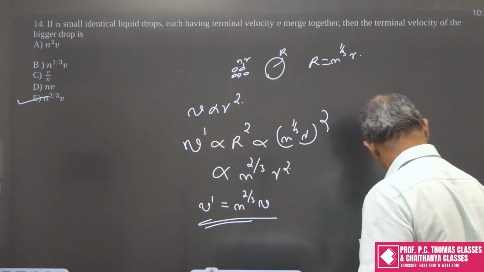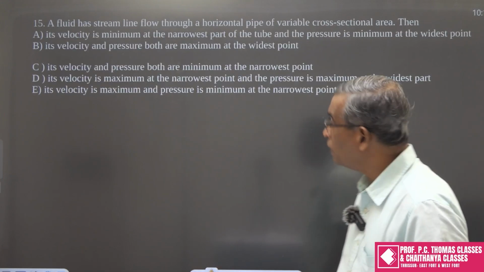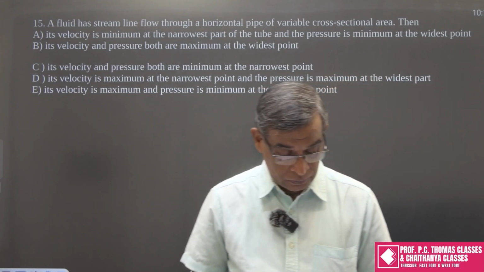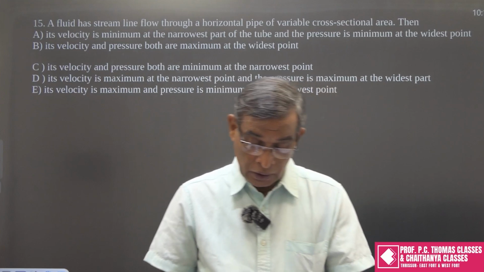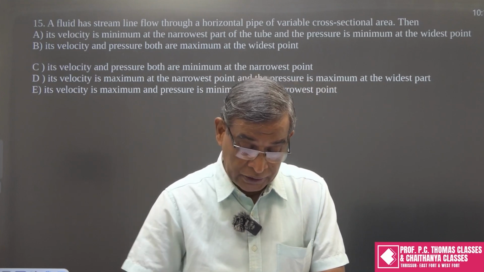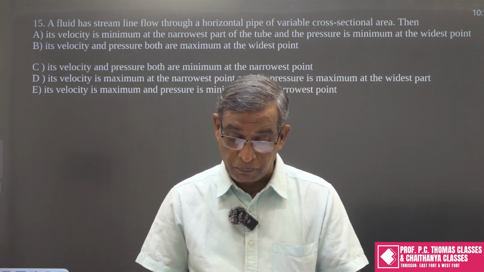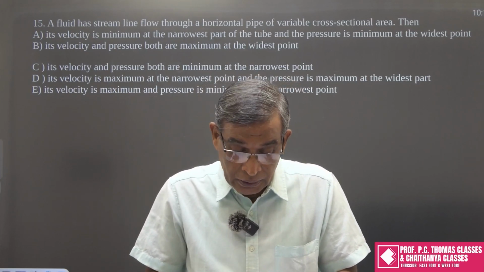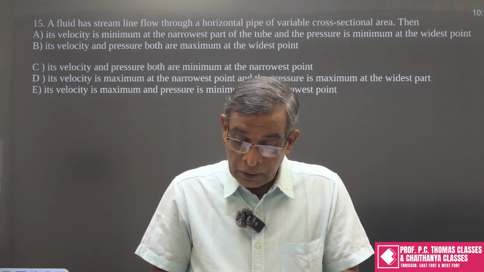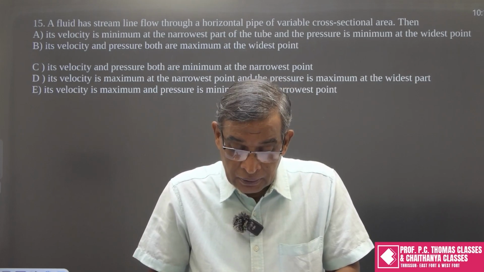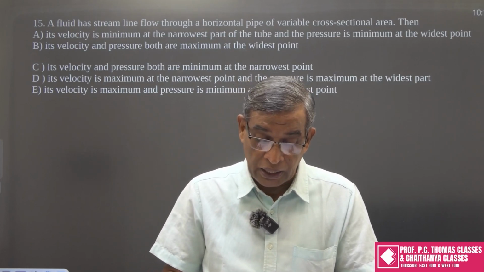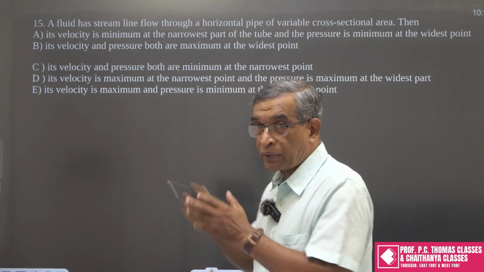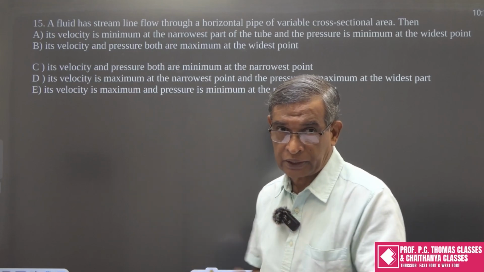Next. A fluid has streamline flow through a horizontal pipe of variable cross-section area. What happens when a liquid flows through a pipe having an uneven cross-section under streamline condition?